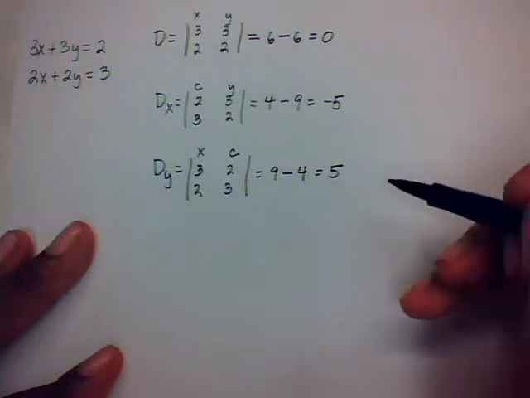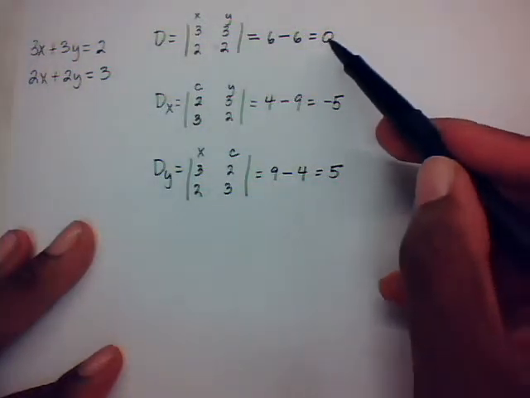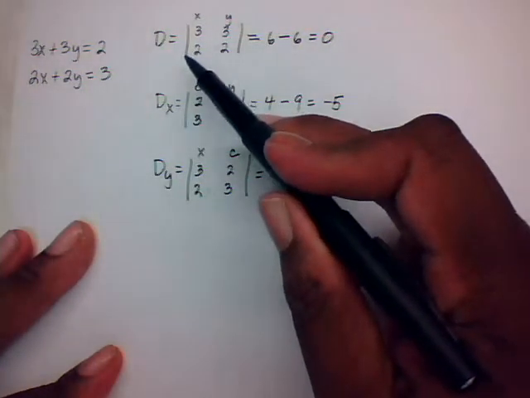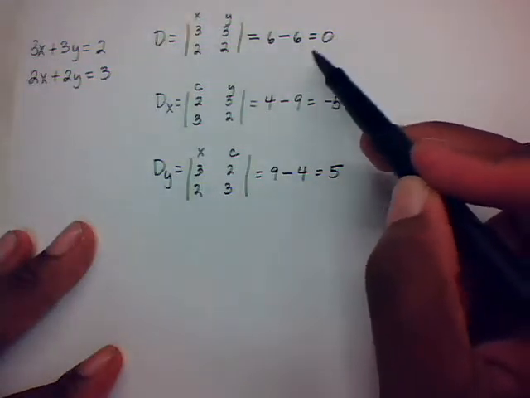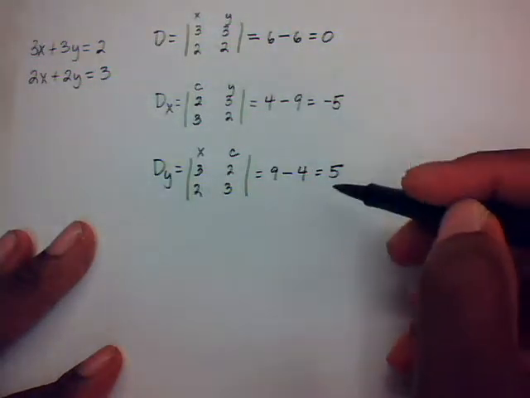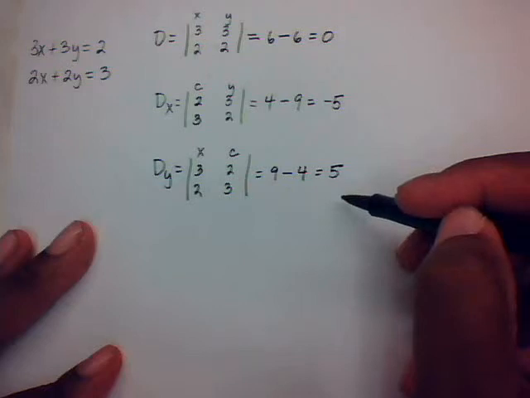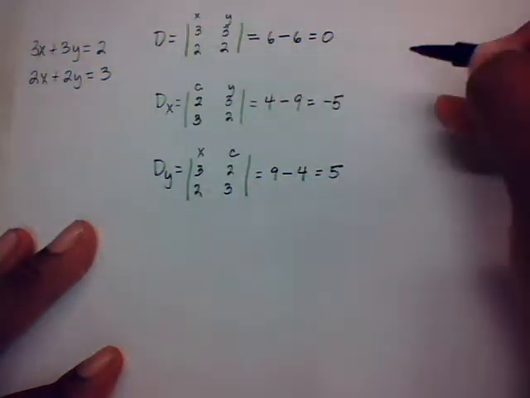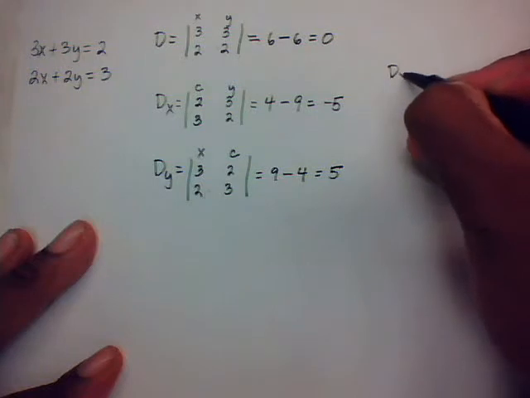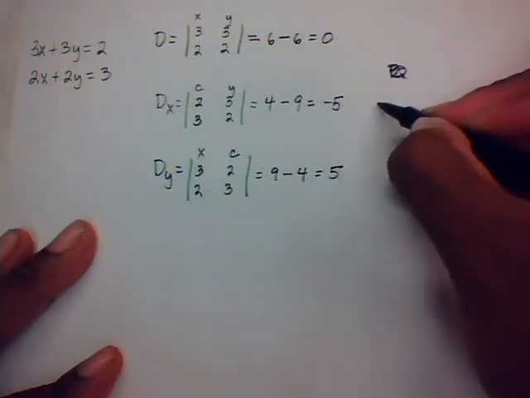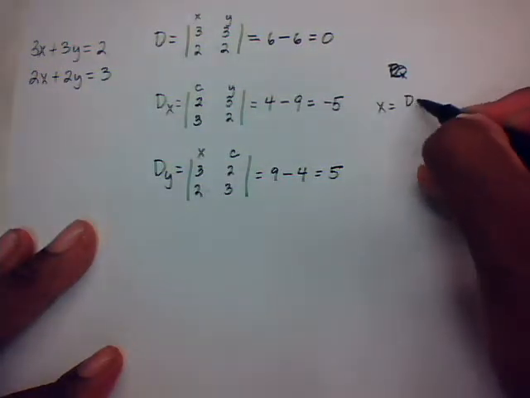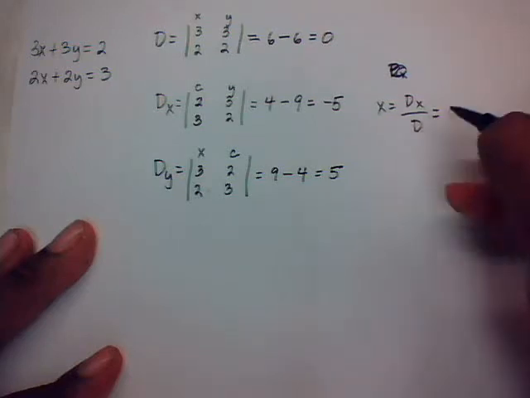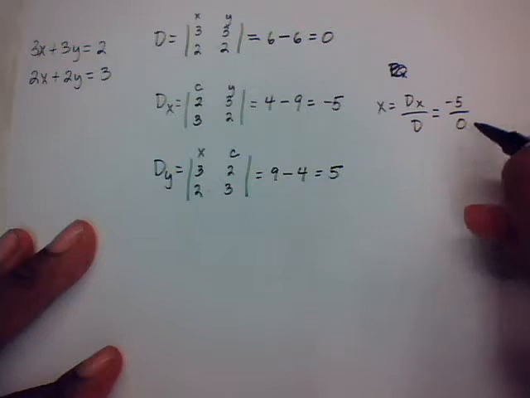Now, let's look at this here. Notice that D, the determinant of D, is 0. The other determinants are not zeros here. Now, notice we're going to get a 0 in the denominator, because when we do x, which is equal to D sub x divided by D, the numerator is going to be negative 5, but D is going to be 0.